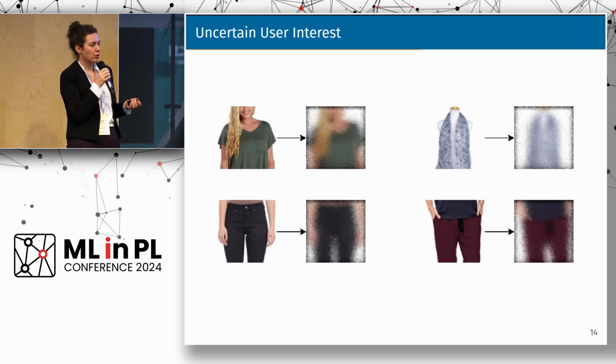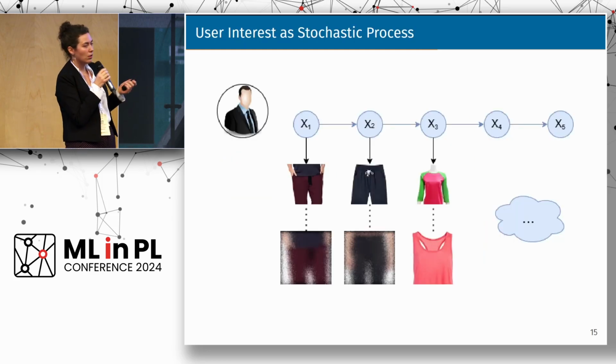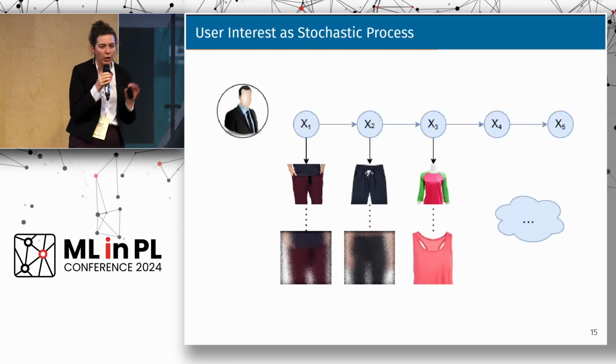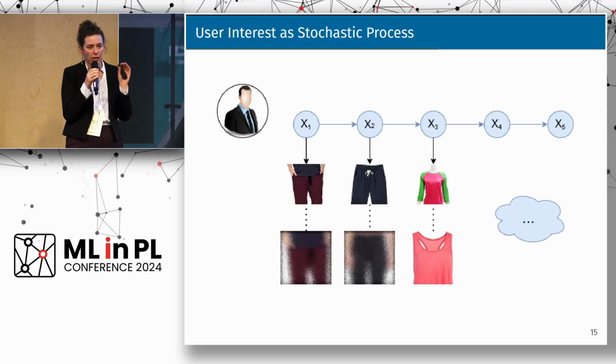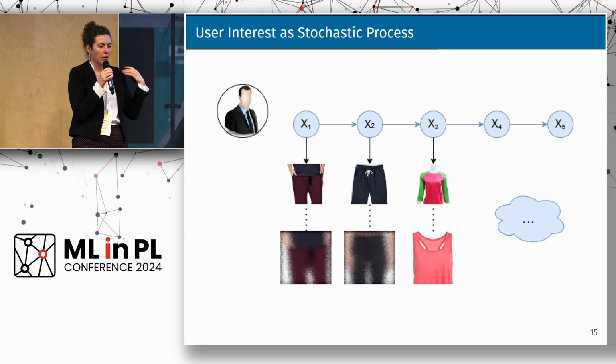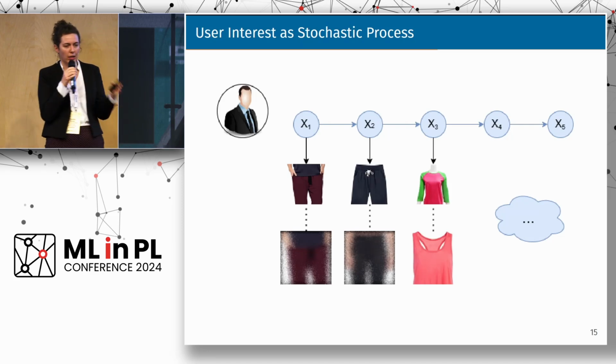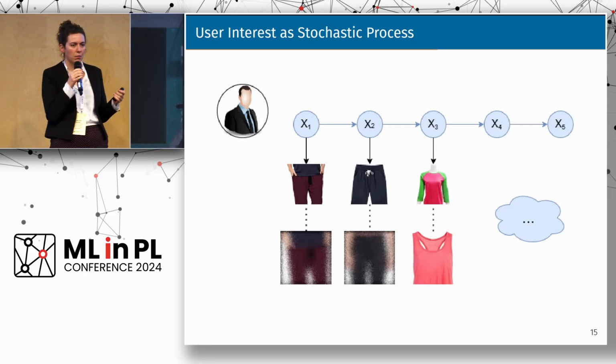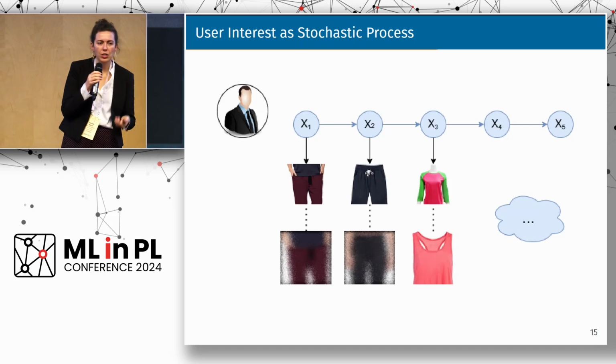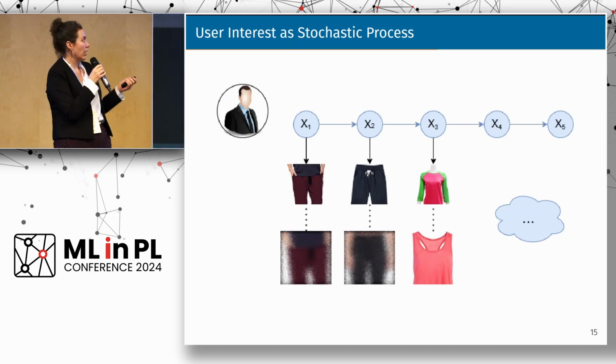So we want to put some randomization and to treat the user interest as some random variable. So we assumed that the session is not a direct expression of user interest, but it's a realization of a stochastic process. Those x's here are the random variables describing user interest.